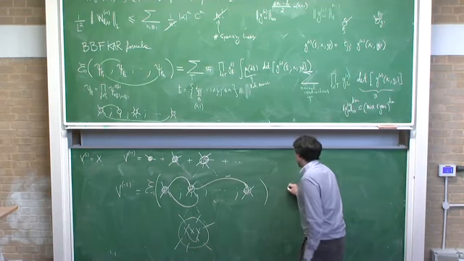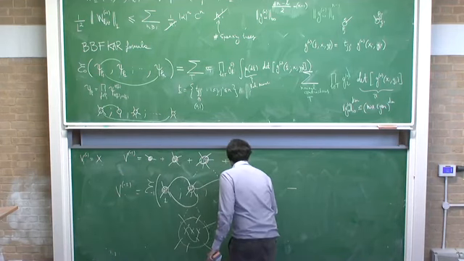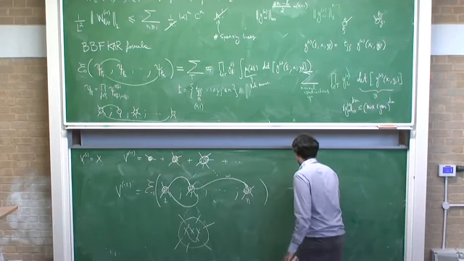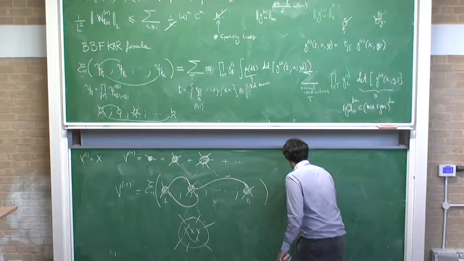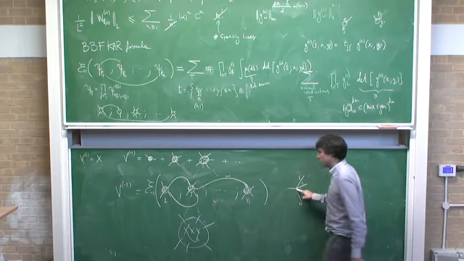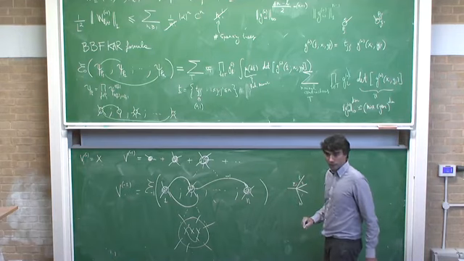So those trees are described this way. I have here, say, 1 to n. And I draw an exiting line from this dot. This dot represents the action of e to the minus 1.